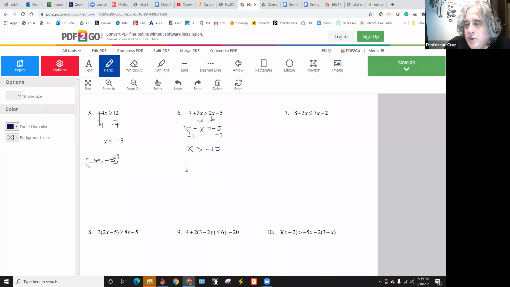So the interval notation looks like this. In other words, it's everything from -12, not including -12, all the way up to infinity.